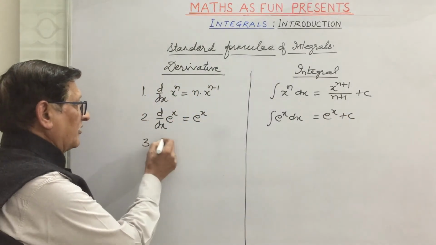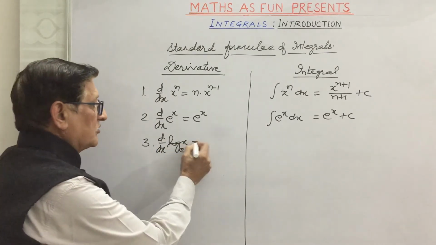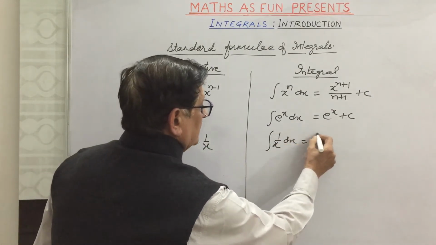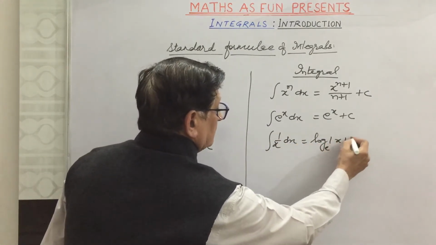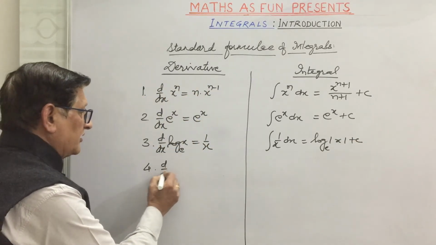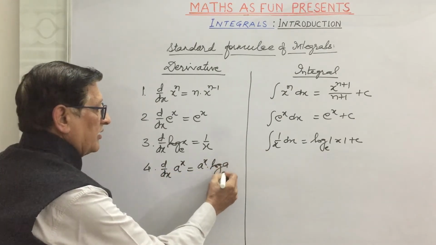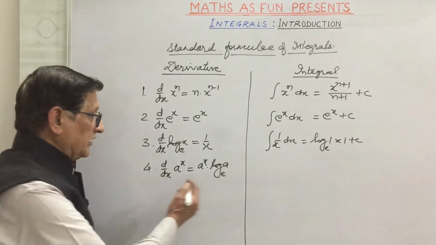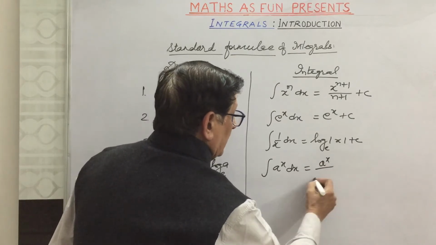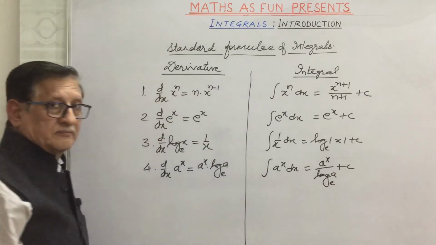Third formula, we have d by dx of log x with base e is equal to 1 upon x. So integration of 1 upon x is taken as log of modulus x plus c. Fourth formula, we have d by dx of a power x is equal to a power x into log of a with base e. So the integral of a power x will be a power x upon log of a plus c.